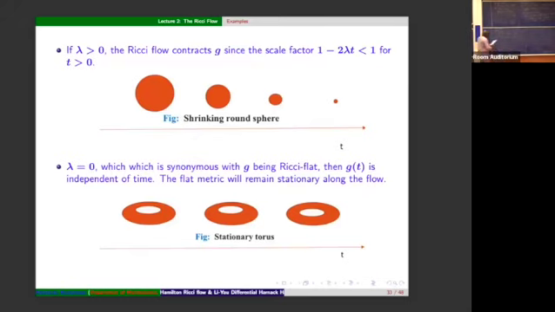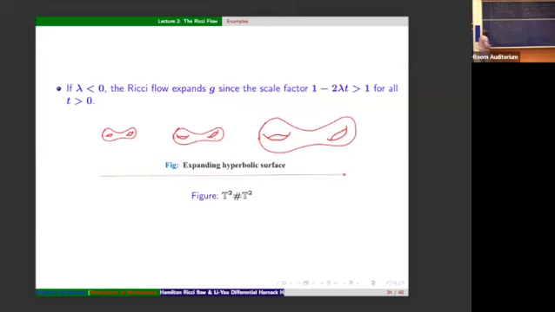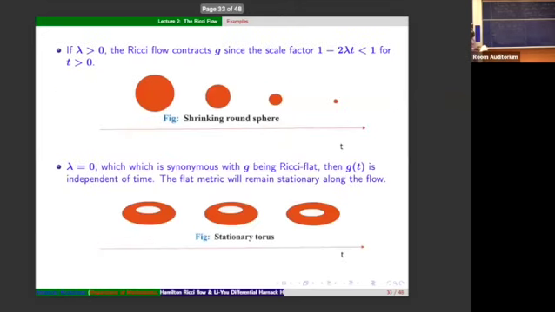Then, if lambda is negative, let's first give the case lambda equal to 0. Then we say we have Ricci flat. That is the case of a torus. So in this case, lambda equal to 0 is synonymous with G being Ricci flat.